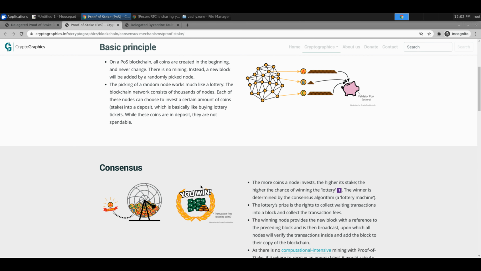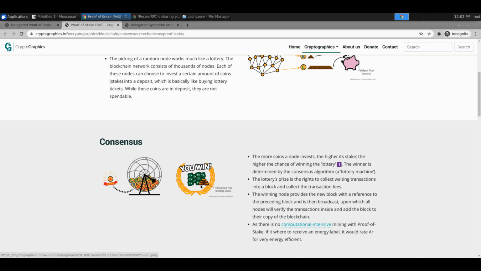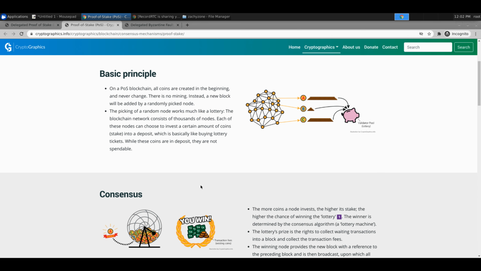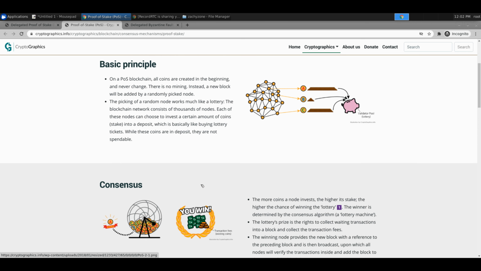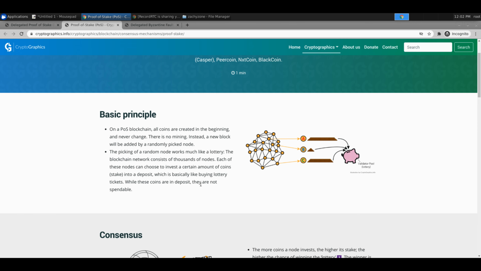This is the rich-get-richer type effect that people didn't like at all back in like 2013. If you look at the history around that time, before that time, most proof of stake coins didn't even survive because it was always rich get richer and all that.